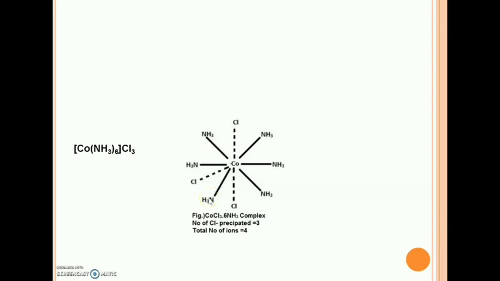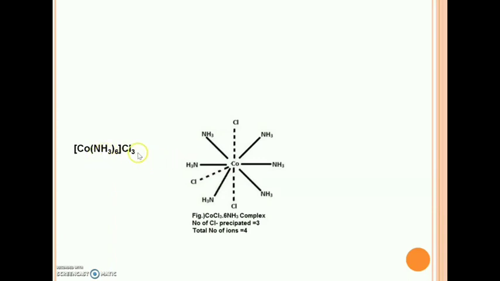In this case, the central metal ion and the neutral molecules or ions satisfying the secondary valencies are written in a square bracket. That is, the central metal and all the NH3 molecules are enclosed in a square bracket.